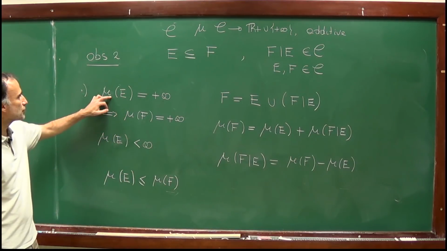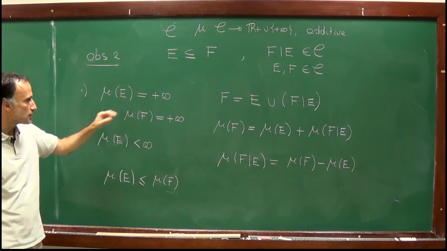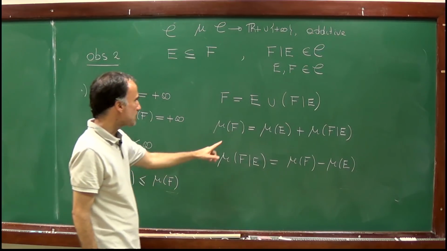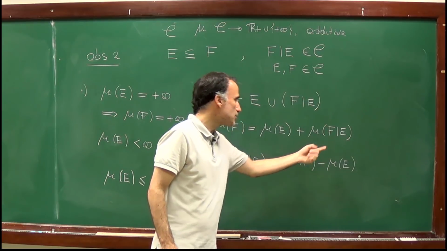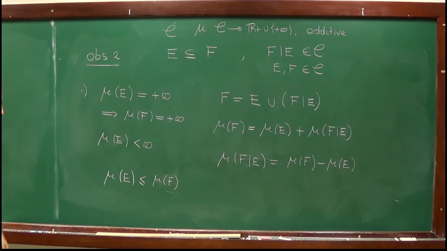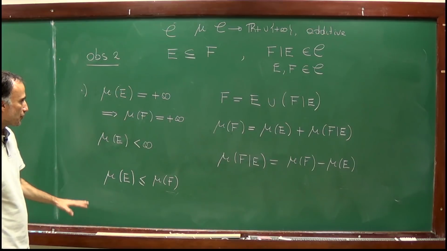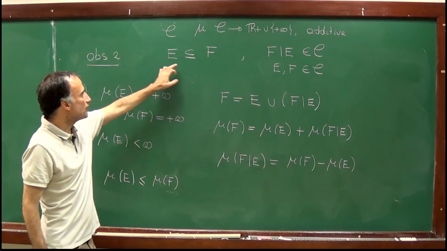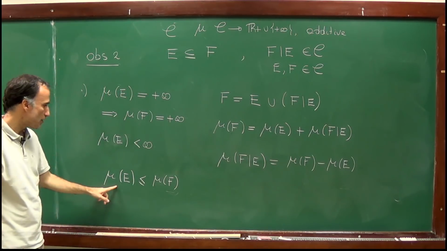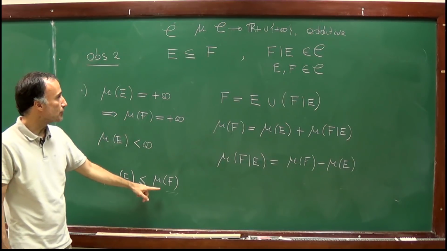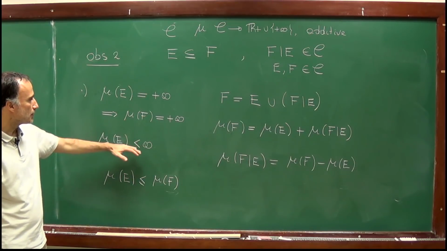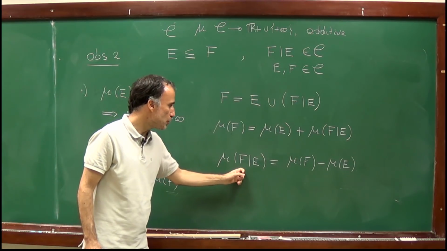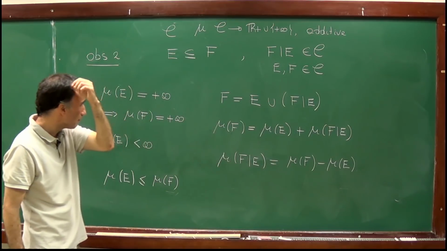Because in the first case, they are both equal to plus infinity, while in the second case, mu of F is equal to mu of E plus something which is non-negative. So in conclusion, if E is contained in F, we always have that mu of E is less or equal than mu of F. And also, if mu of E is finite, then mu of F minus E is equal to mu of F minus mu of E.